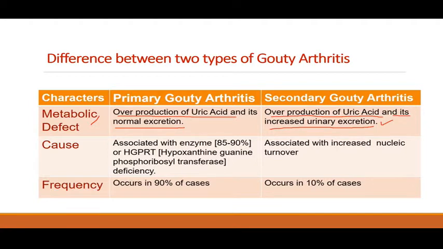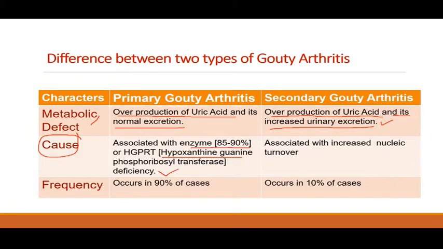If we study the causes of both, in case of primary, it is associated with the enzyme defect in 85 to 90% of cases, or to the deficiency of HGPRT, that is hypoxanthine guanine phosphoribosyl transferase.